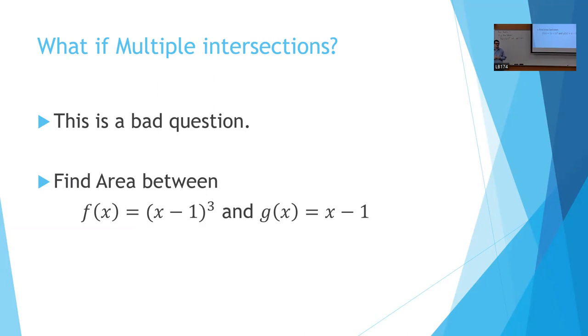Now, first off, it's not even properly worded. You'd say from where to where. If it's area between there, from what x value to what x value. And you might say, well, it must be assuming it's the bounded region between those two, right? So even if it says find the area of the bounded region between those two, it's still a bad question.